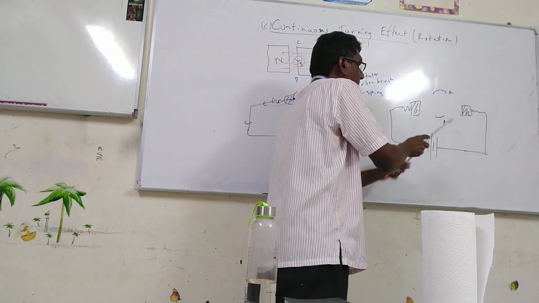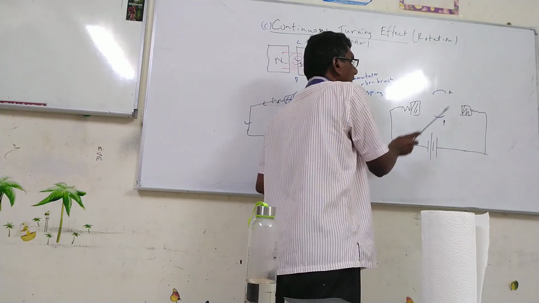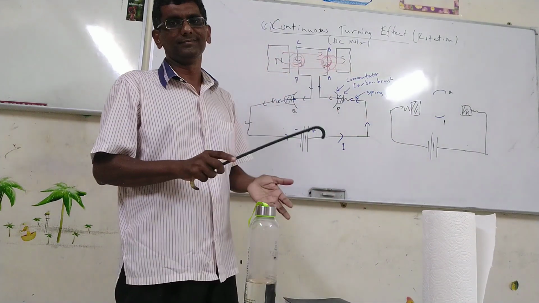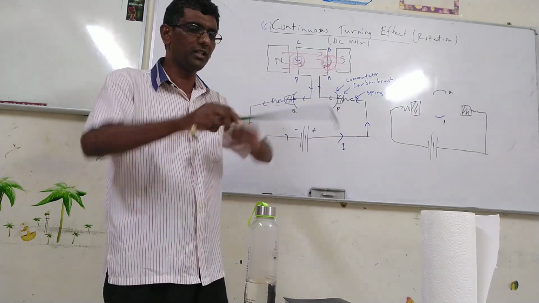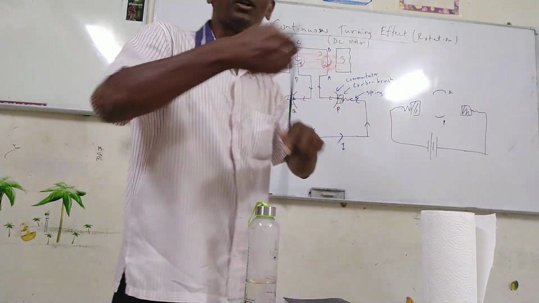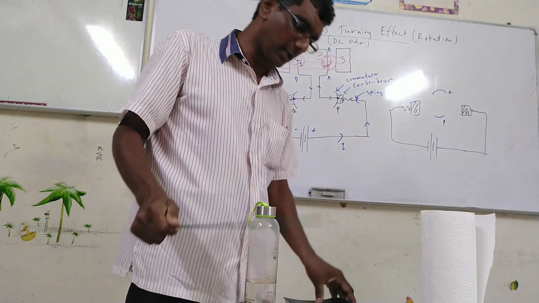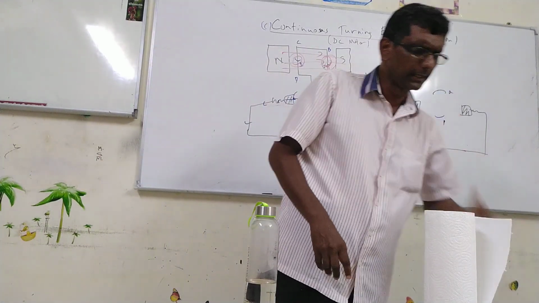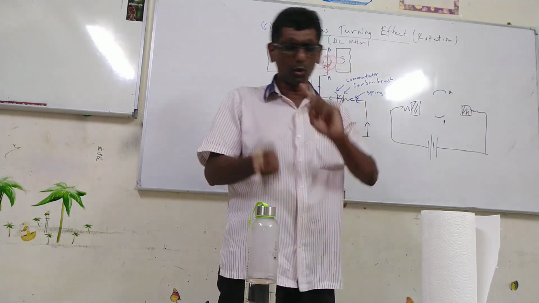The commutator exchanges place because of the coil. So this is the continuous turning effect.